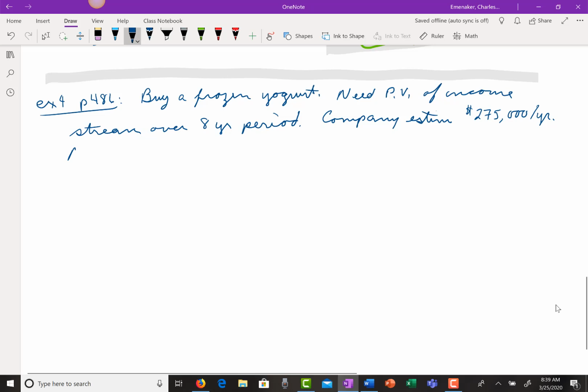We're going to assume an investment rate of 3.3%, so that's kind of like they're charging you the interest up front. Okay, and the question is, how much do you need to pay right now for the licensing fee?